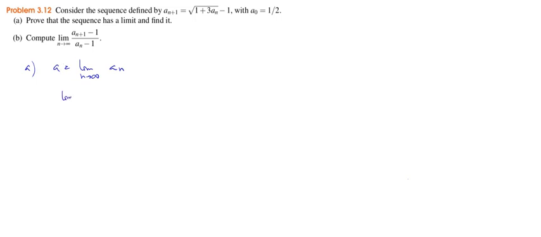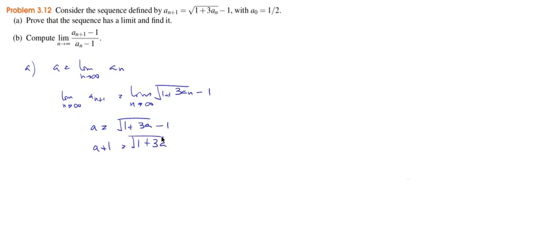Well, we take limits on both sides. So a is the square root of 1 plus 3a, minus 1. And then we have a plus 1 is equal to the square root of 1 plus 3a.